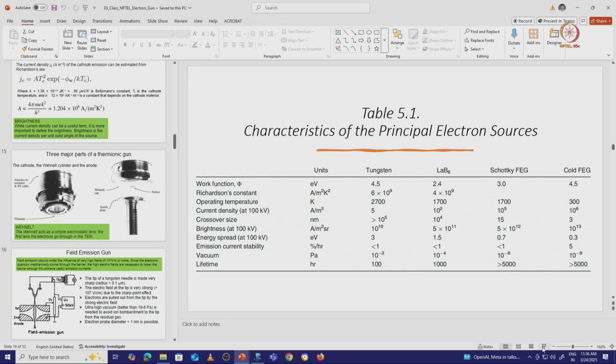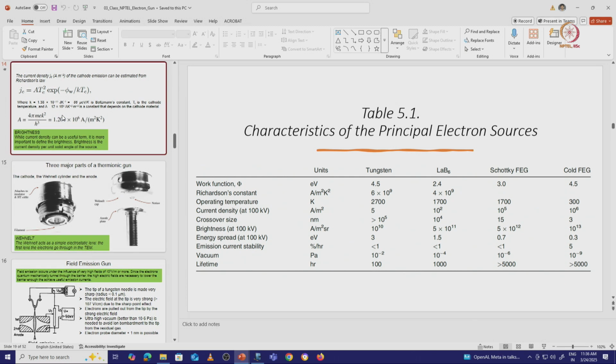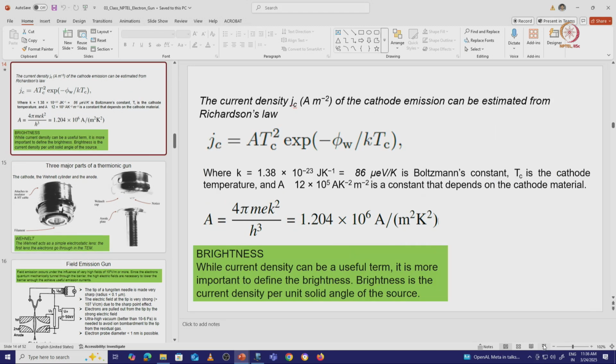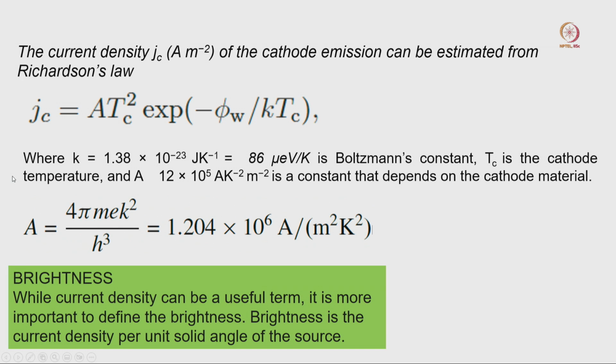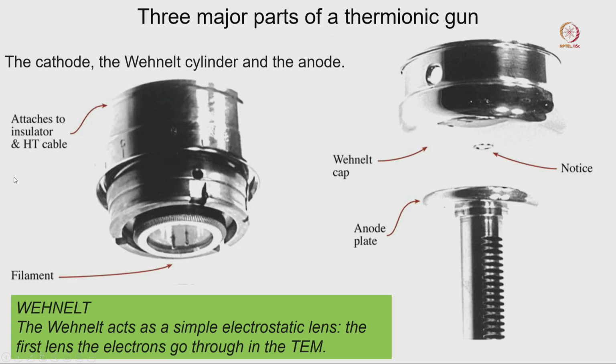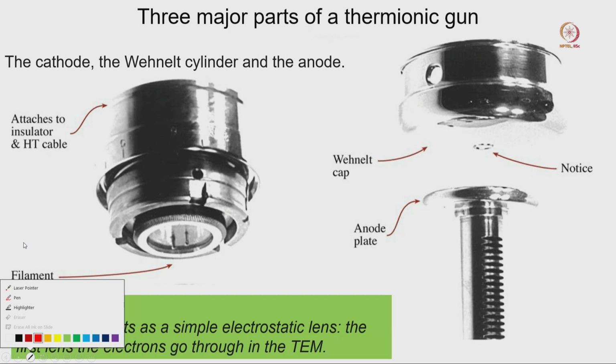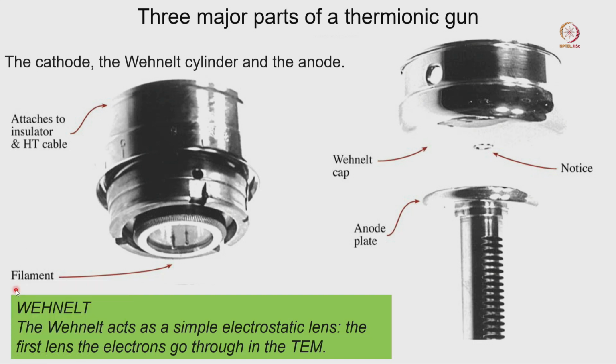Okay, now let us take a look at the different types of filament. It will really help us to understand what we are talking about so far. If we look at this, you can see that there are three major parts of a thermionic gun. The thermionic gun we already discussed.